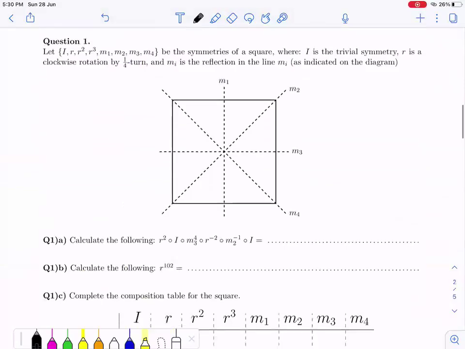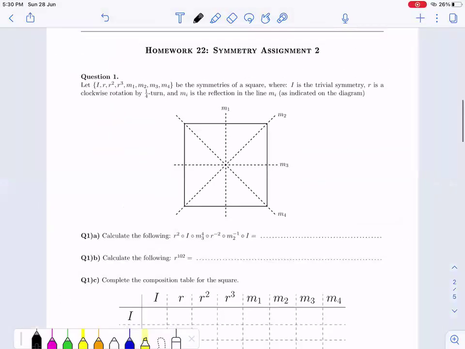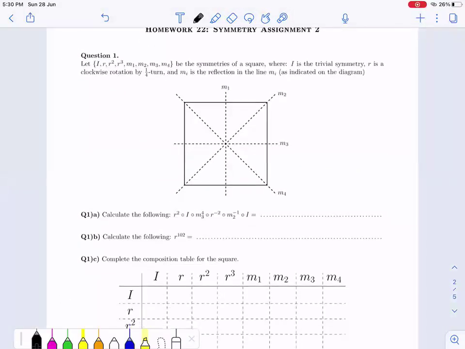Now let's start with the homework. You're given one of the most important figures, the square. This is its complete symmetry list. So you have the trivial one, you have R. Here R is clockwise rotation by 1/4 turn, so 90-degree rotation clockwise.